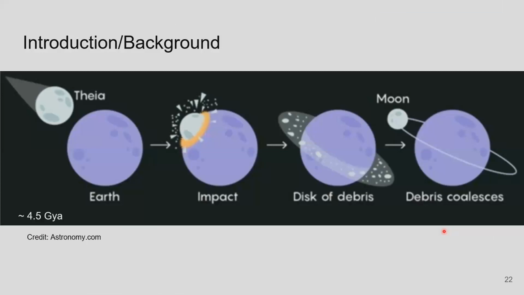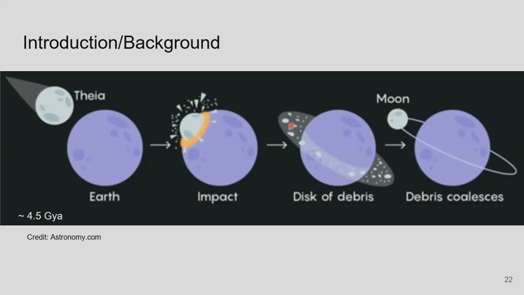Okay, so one of the main ideas is that when you sample rocks from the moon and you compare them with rocks from the Earth, those rocks from the moon are what we call relatively volatile depleted. So they're relatively depleted in certain elements like sodium, potassium. And some ideas to answer why they're depleted in those elements are that when you had this impact on the Earth and you formed this debris disk, a lot of the volatile elements have a lower melting temperature than some of the more refractory elements like calcium or, for example, thorium.